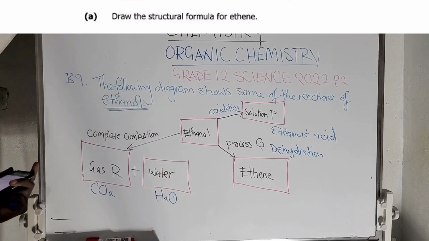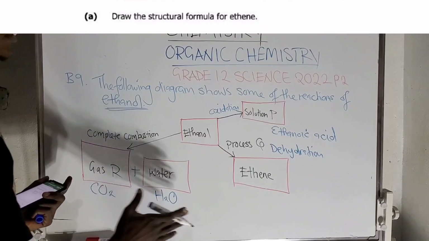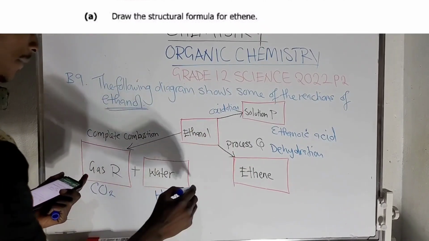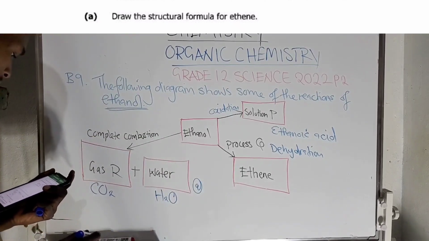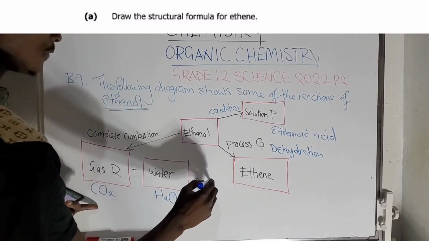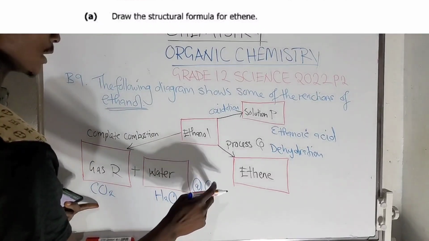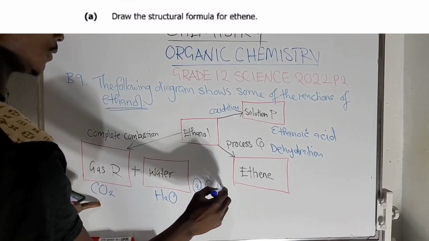Now, let's go through the questions. You will notice that we've answered most of them. Question A says, draw the structural formula of ethene. The molecular formula is C2H4.